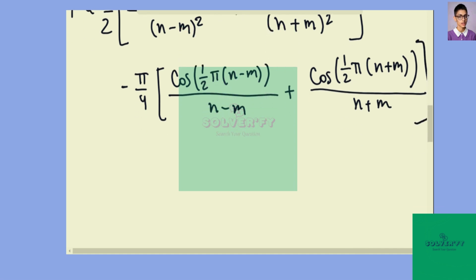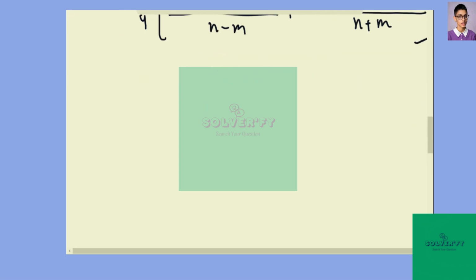Now, evaluating the final integral in here, clearly the above is not 0 for n even and m odd.